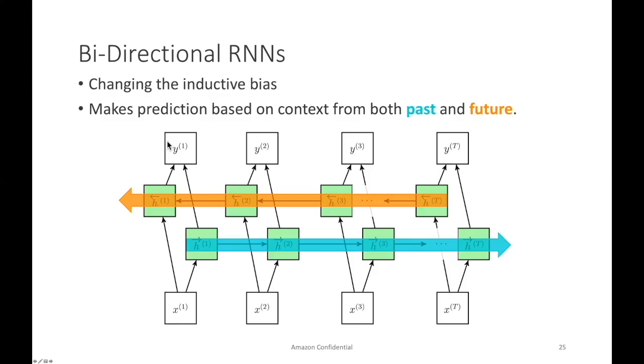This way, at any point in time you will not only look at the past, but you will also look at the future context and use that in your network. So where can this be useful, right? In case you are using a network which has to make predictions for the next time step, this is not going to be useful.